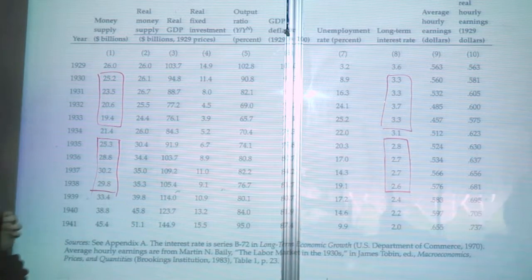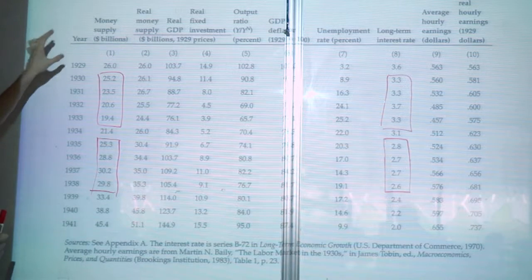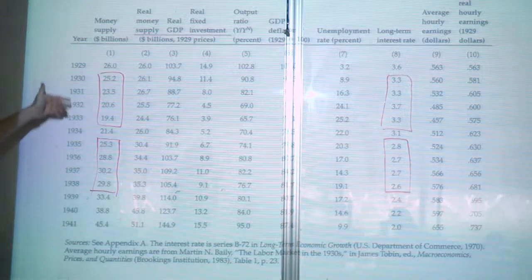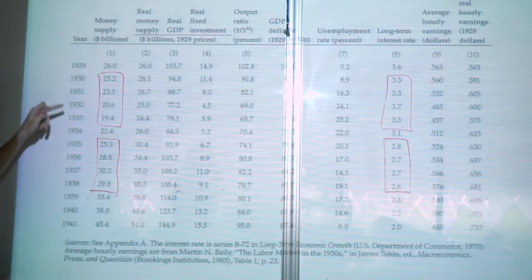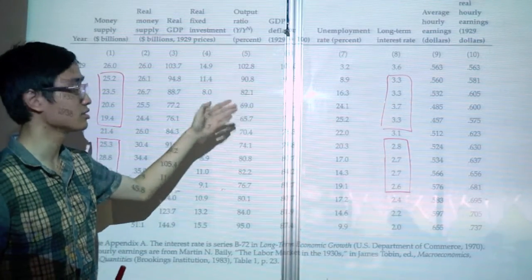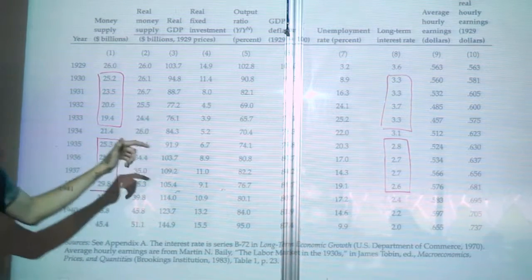Moving on to the LM curve. Let's take a look at the money supply. We can see that in these four years, although the money supply is reduced from 25.2 to 19.4, the interest rate seems to stay constant at 3.3.